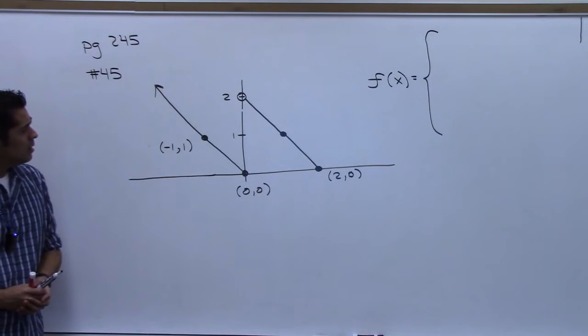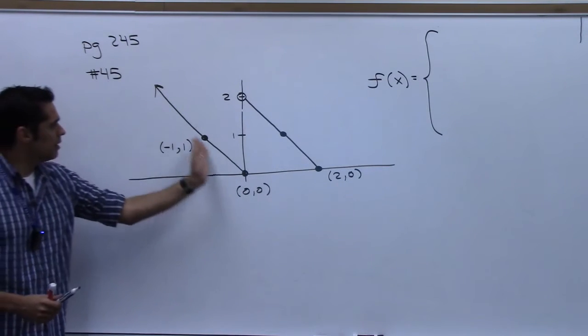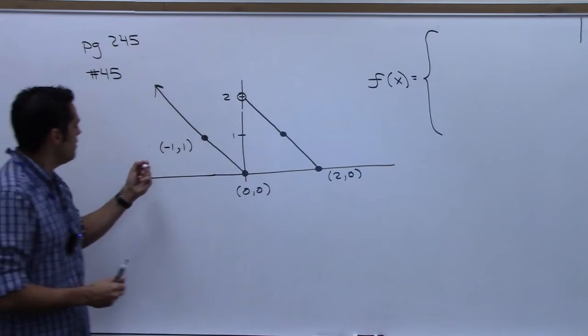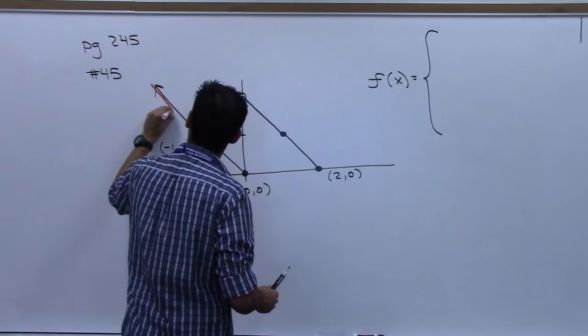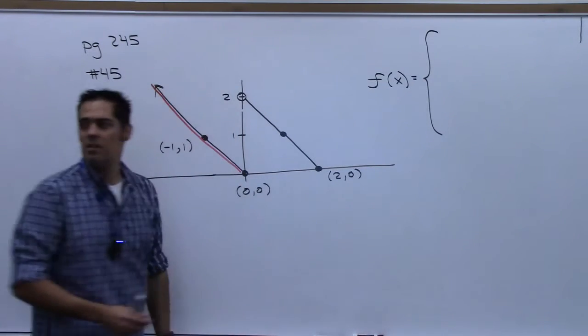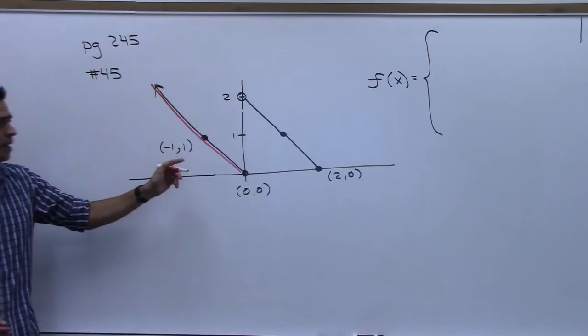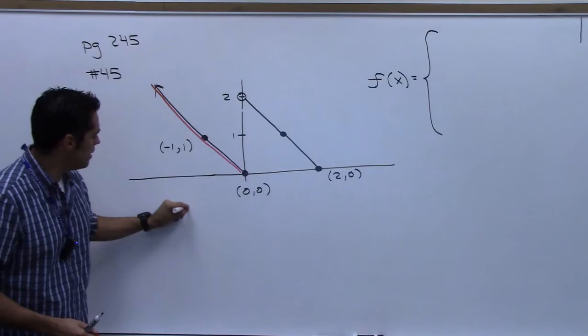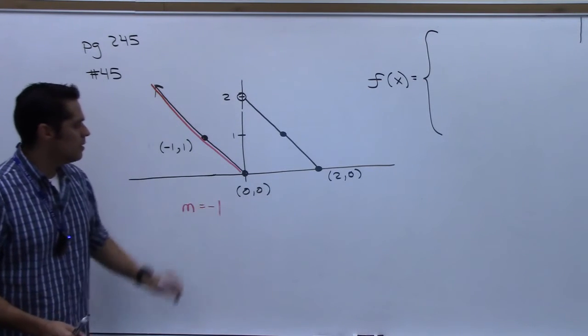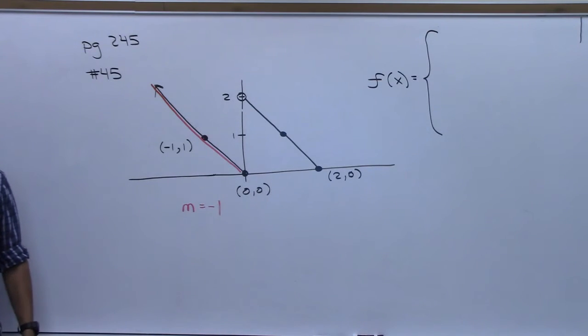So let's talk about this piece right here. This is a line, right? What is the slope of this line? The slope, -1. Everyone agree? So this right here has a slope of -1. Do you know where it hits the y-axis?